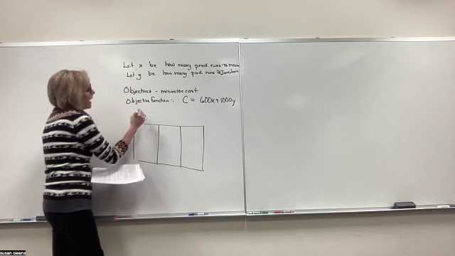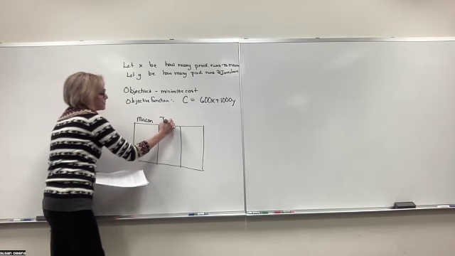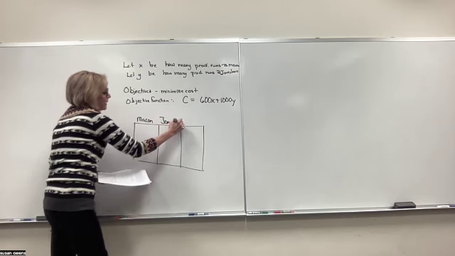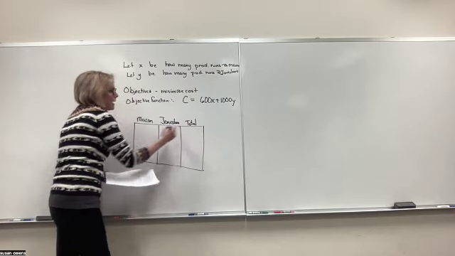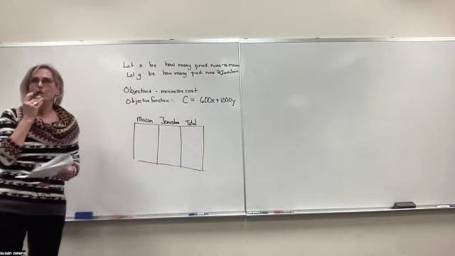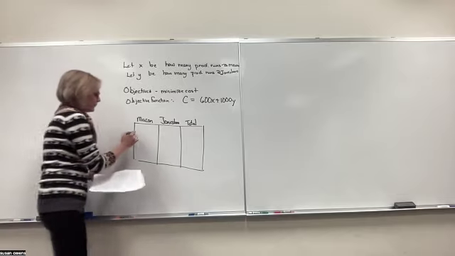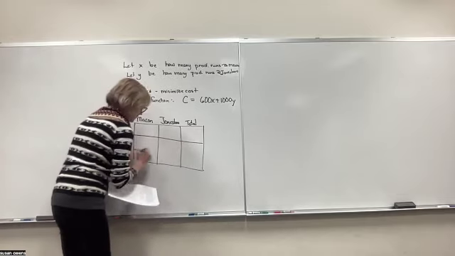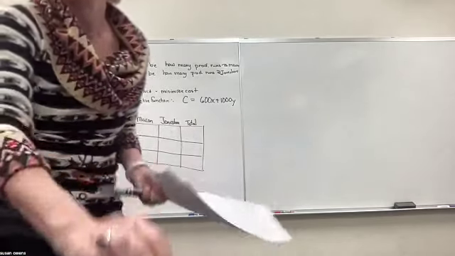Okay, so we've got on the tops, we have our Macon plant and we have our Jonesboro plant. And then we're looking for some totals. So how many rows did y'all make when you made your production resource chart? 3. Okay, go ahead, keep filling that in for me.